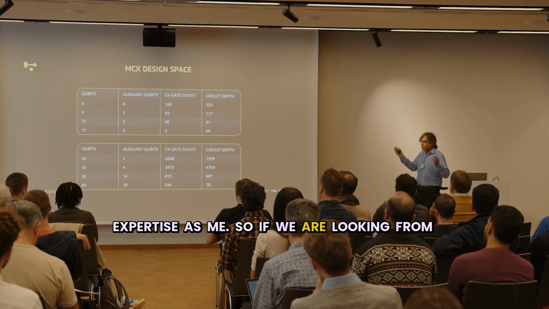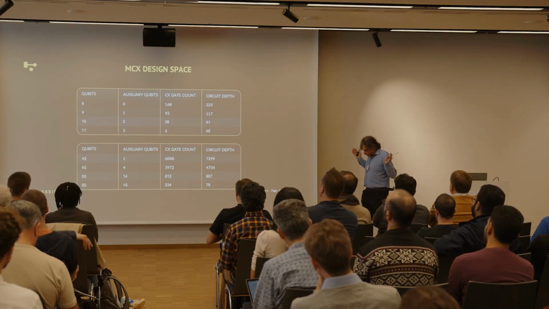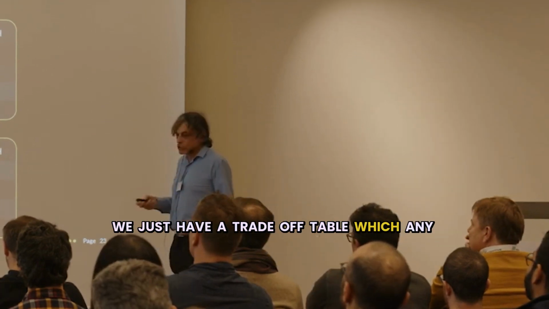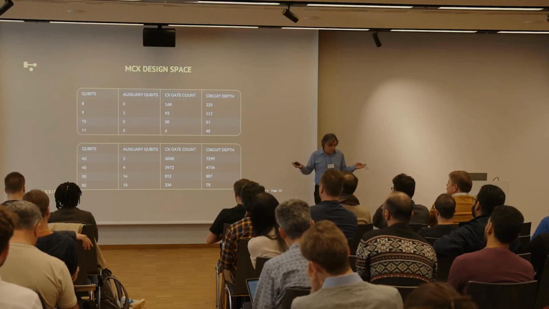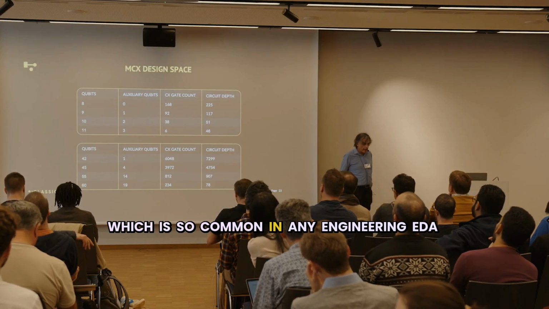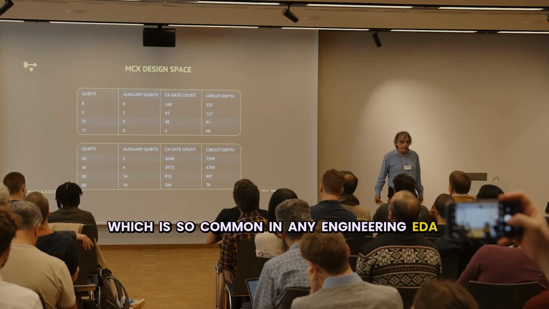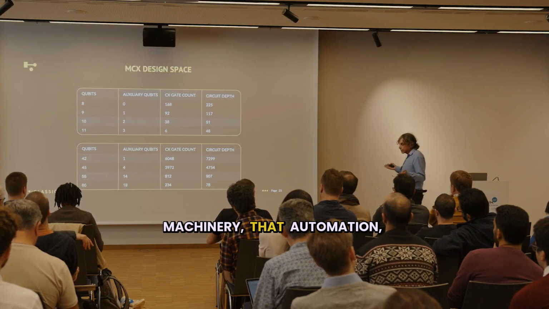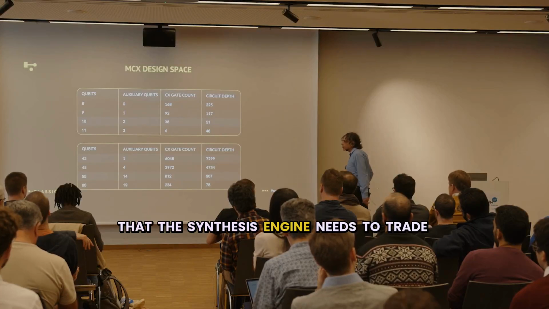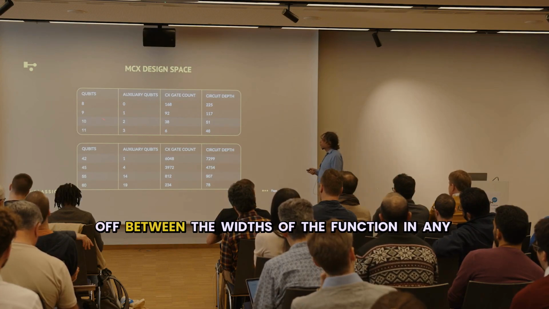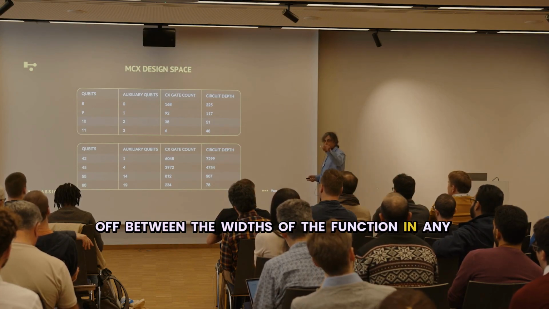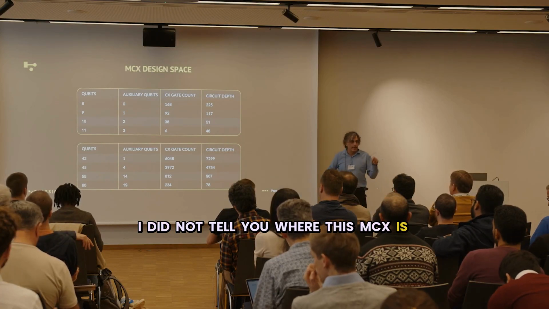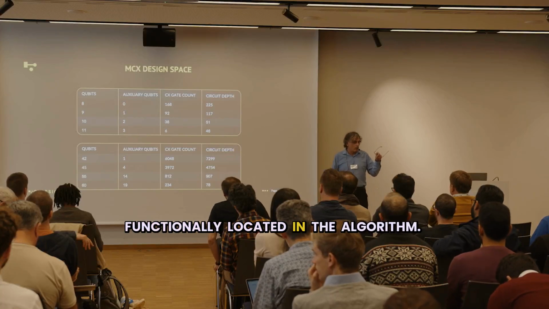So if we are looking from an engineering perspective, we just have a trade-off table, which is so common in any engineering EDA tooling. And we see that the machinery, that the automation, that the synthesis engine needs to trade off between the widths of the function in any particular point in the algorithm. I did not tell you where this MCX is functionally located in the algorithm.